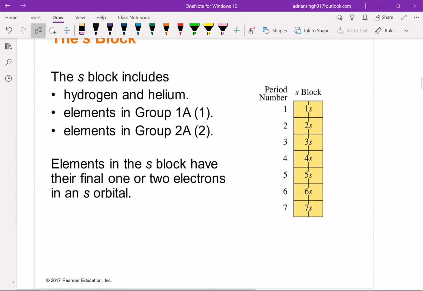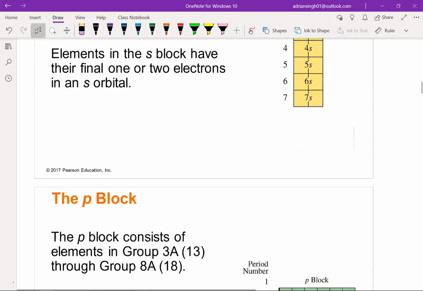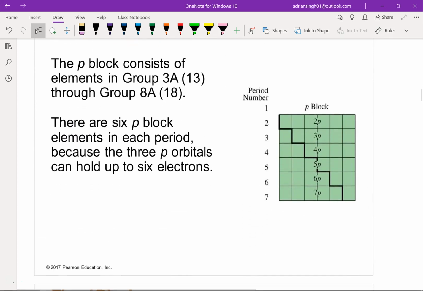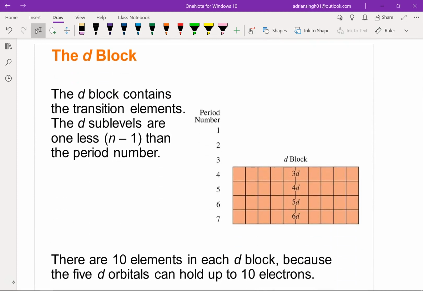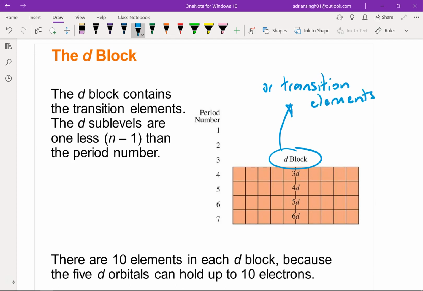All right, so the S block includes the group 1 and group 2 elements and also helium that we stick in there at the end of the first period. The P block we talked about, the 6 columns on the right side of the table. And then the D block, which we also call the transition elements or transition metals, because they're all metals in there.